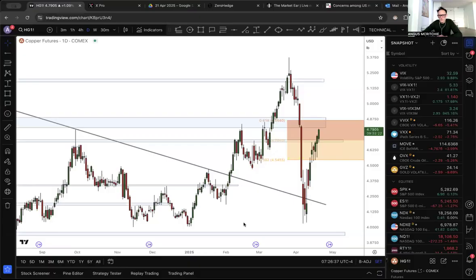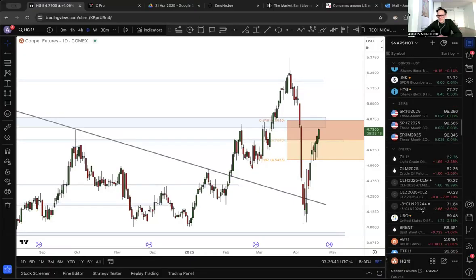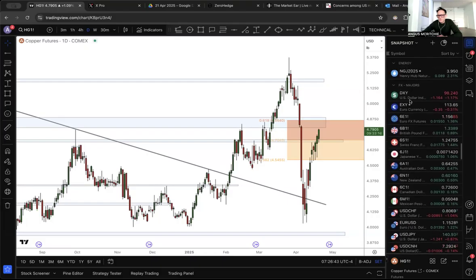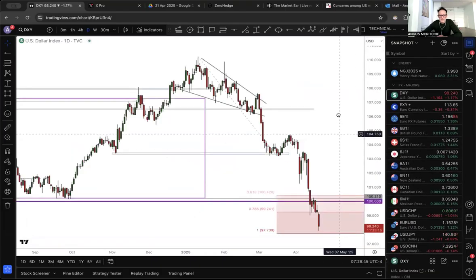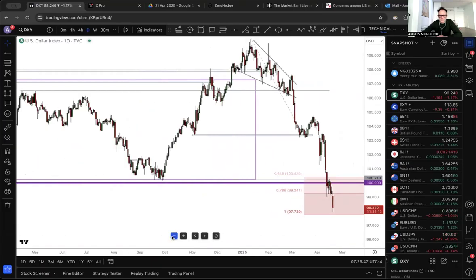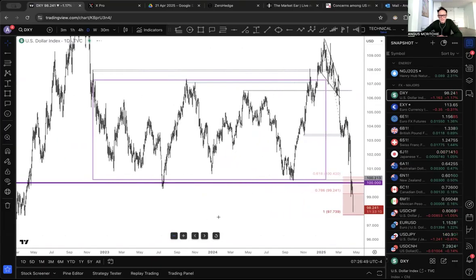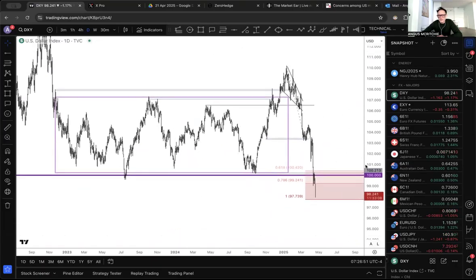And if we just have a look here at the dollar index, which of course is about 58% euro, I'll just bring that up. A very, very weak performance, breaking down. We can see how it's breaking down. So just first of all, from a technical perspective, if you like things like Fibonacci, which I do quite like, you can see here this Fibonacci measured move from basically from here.